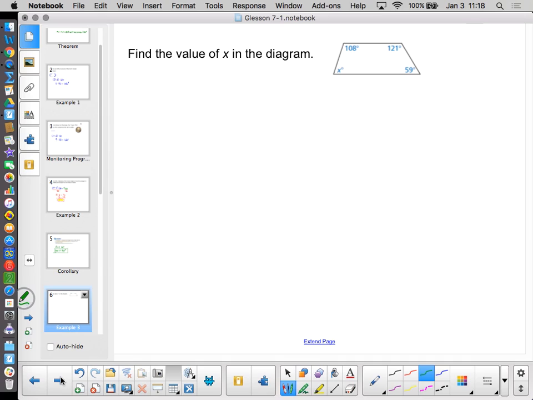That makes problems like this really quite simple. Again, we simply add up the four angles, 108 plus 121 plus 59 plus x equals, and it's going to be 360 because that is a quadrilateral. And we just go ahead and do our math. I mean, the 108 plus 121 plus 59, that adds up to 288.